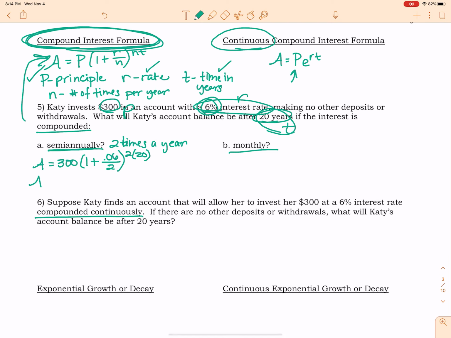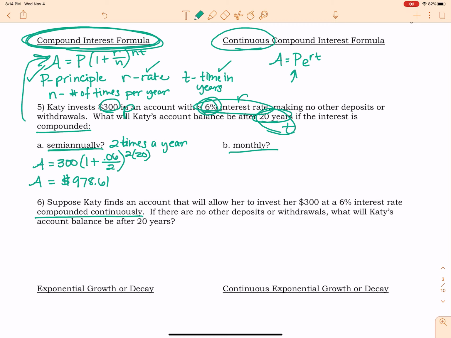So basically, all I have to do is type this into a calculator, and I come up with 978.61. The only thing you have to be careful about in your graphing calculator is to make sure you're using your parentheses correctly, and of course, following PEMDAS.